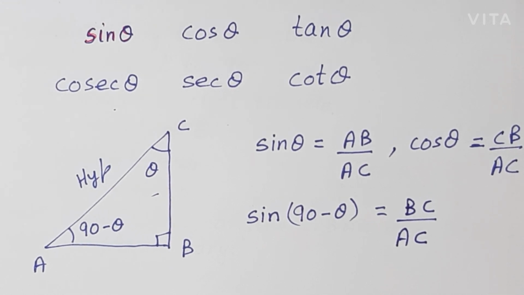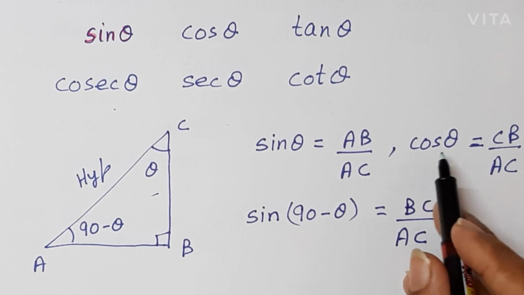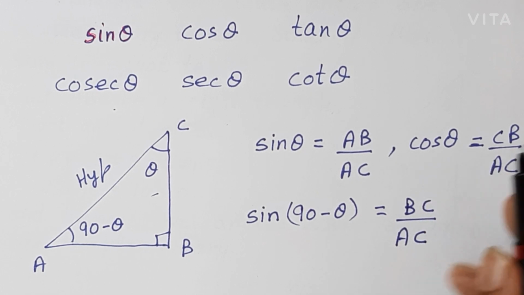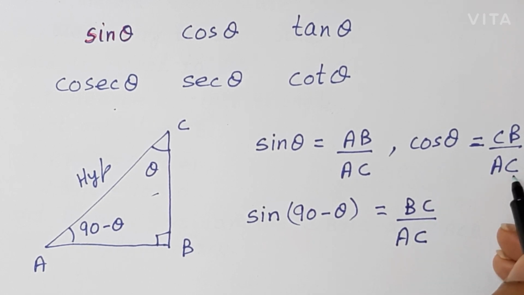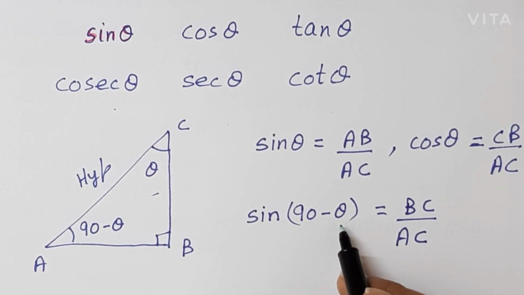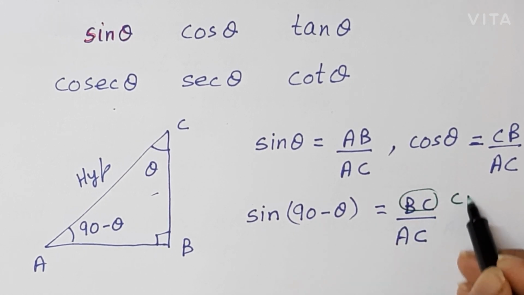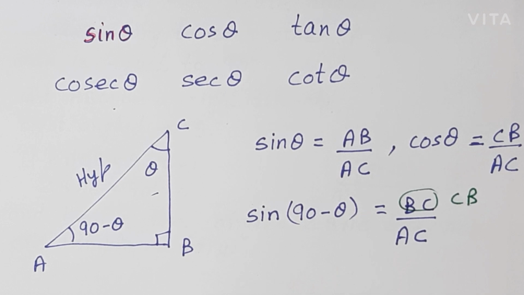Now students, one very interesting thing I am going to tell you here. What is that? You can see now, what is cos theta? Cos theta is equal to CB upon AC, and sin 90 minus theta is also equal to CB upon AC. You can write CB or BC, it is one and the same thing, right?